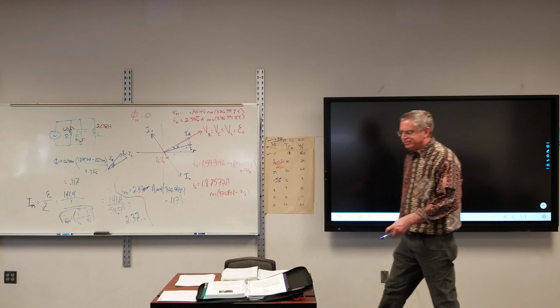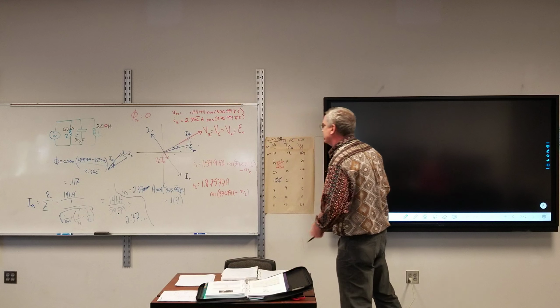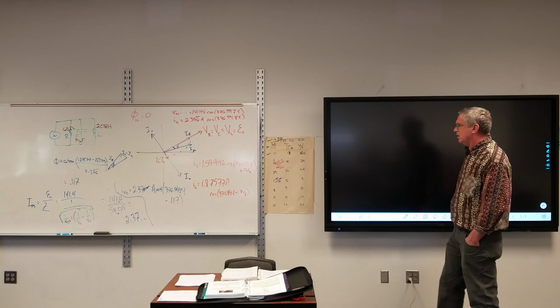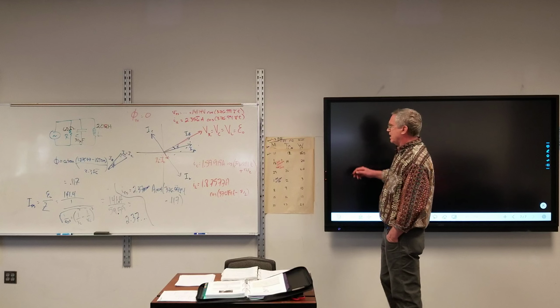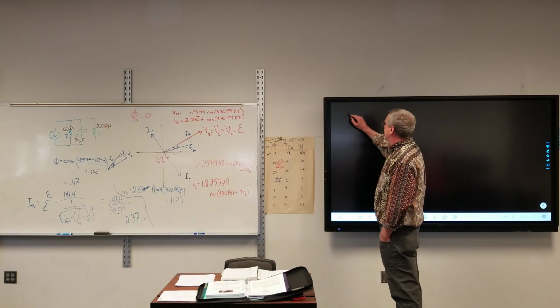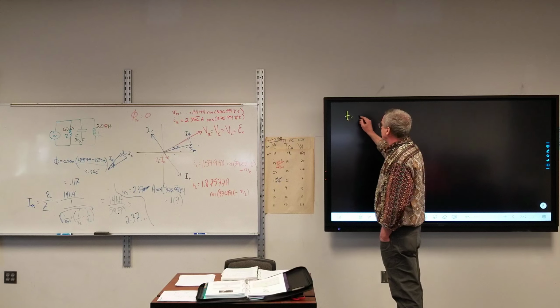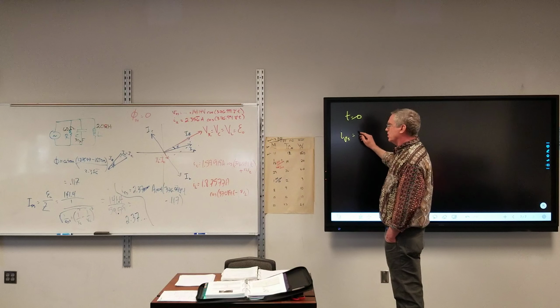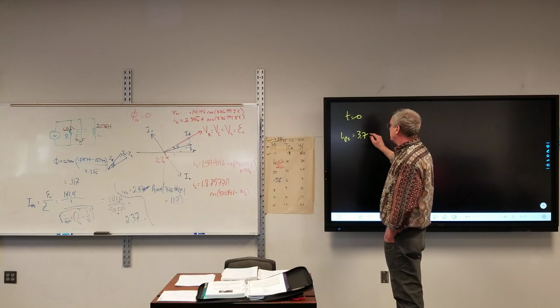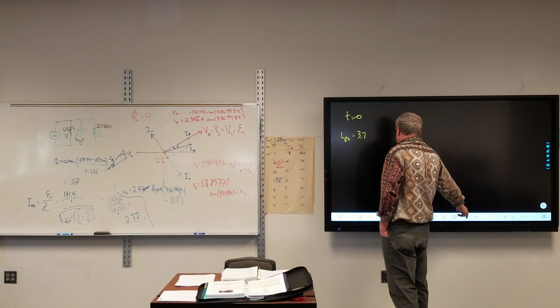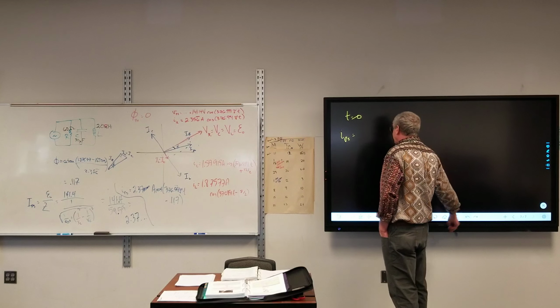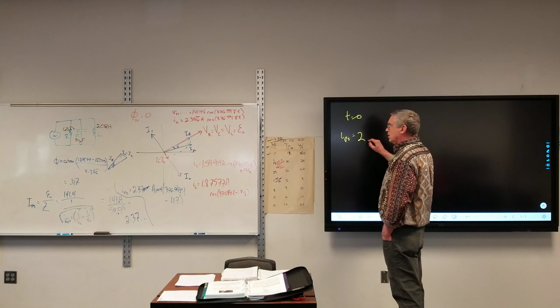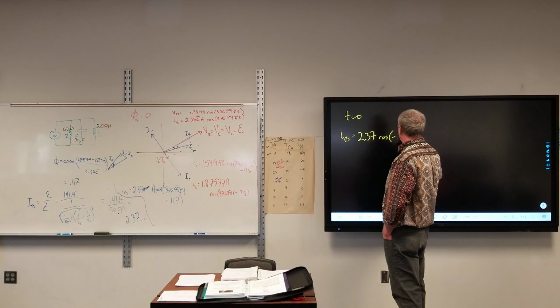Let's take a simple case here of time equal to 0. Boring, but at time equal to 0, the current from the power supply is going to be 2.37 cosine of negative 0.117.